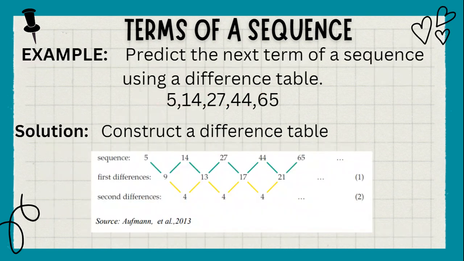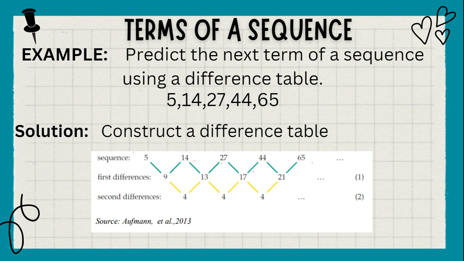So now let's go to the example. Predict the next term of a sequence using a difference table. So first is 5, 14, 27, 44, and 65. And make sure to construct a difference table. So here, i-copy nimo 5, 14, 27, 44, and 65.